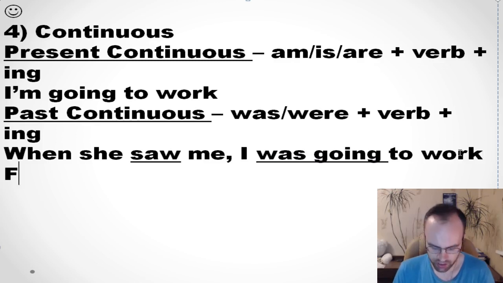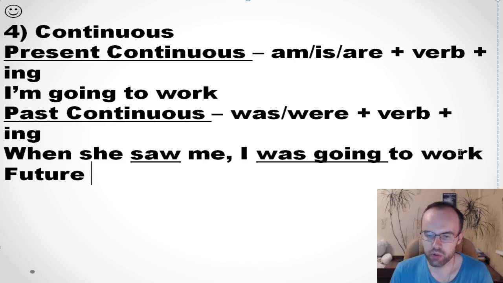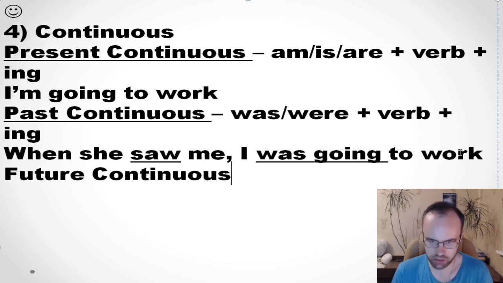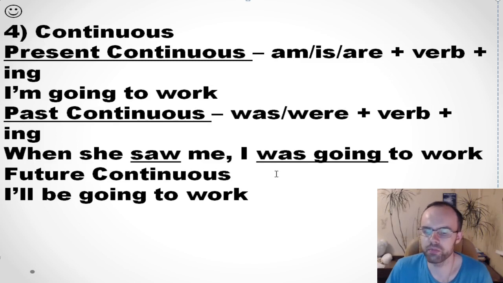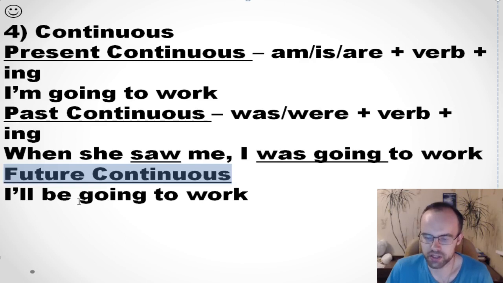Okay, good. And as you might have already guessed, future continuous. It's a long action in the future. So I'll be going to work. So it shows the importance of this action, and it shows us that it's really a long action, not just a single short action.